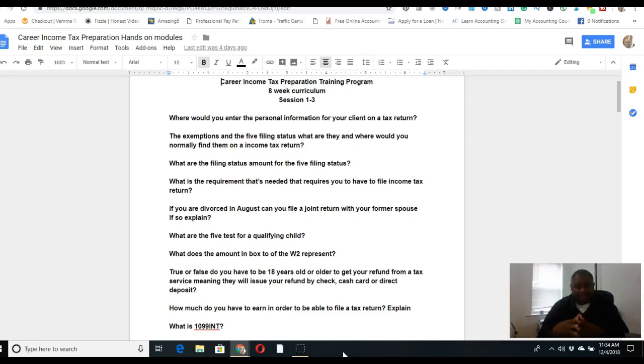So the filing statuses and the requirement amounts go up for each status past single. And so that's how that works. But by reading Publication 501, you will learn that in that publication. And so that's why I had to give you these questions, so you would be geared towards reading the material so you can learn what you need to learn in this basic income tax course.